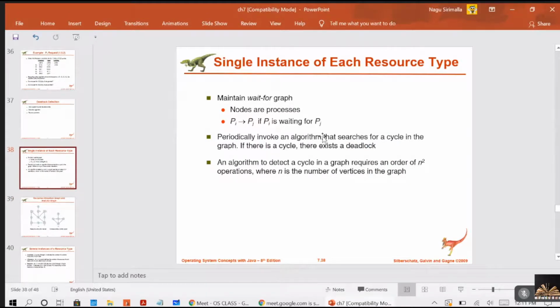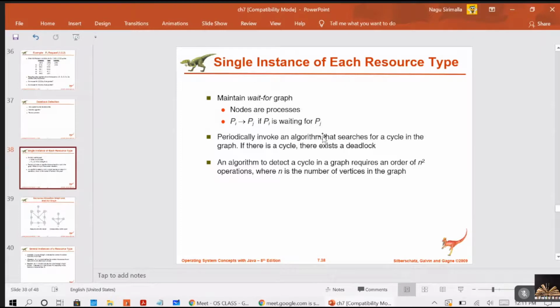If a system has resources with only a single instance, then we can define a deadlock detection algorithm that uses a variant of the resource allocation graph called the wait for graph. We obtain the wait for graph from the resource allocation graph by removing the resource nodes and collapsing the appropriate edges.